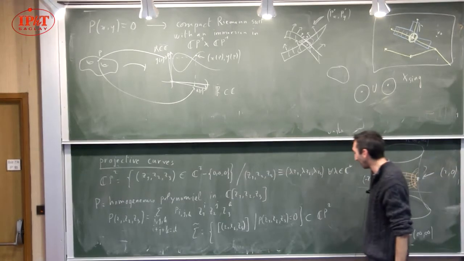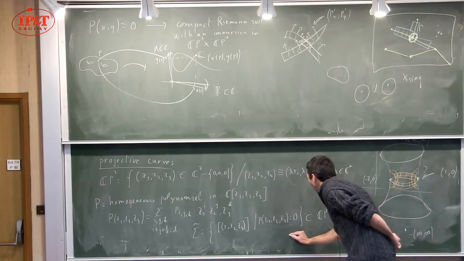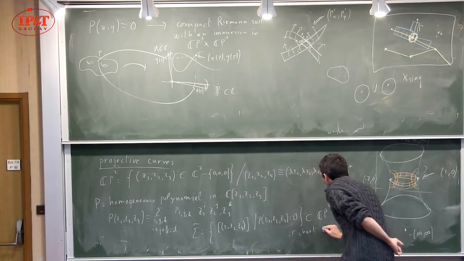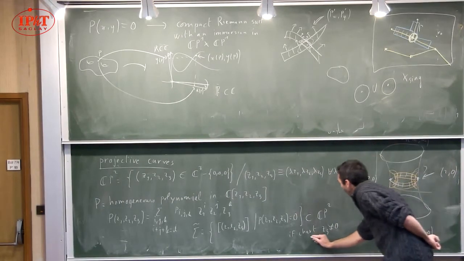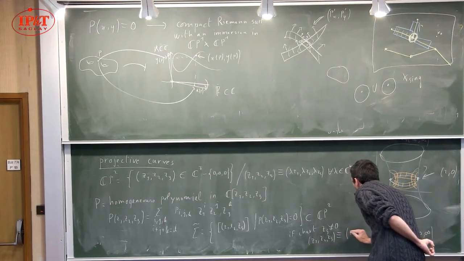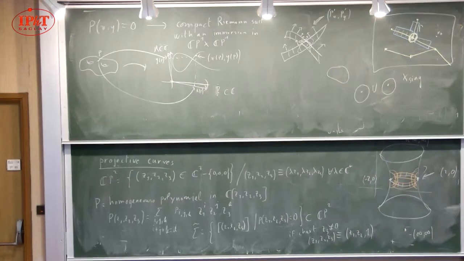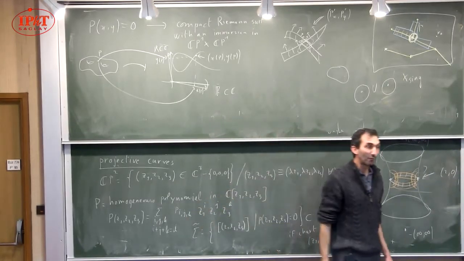Just remark one thing: if you take Z3 different from 0, in fact, (Z1, Z2, Z3) is equivalent to (Z1, Z2, 1). So basically you can replace Z3 by 1, and instead of a polynomial of 3 variables, it's equivalent to consider a polynomial of 2 variables.